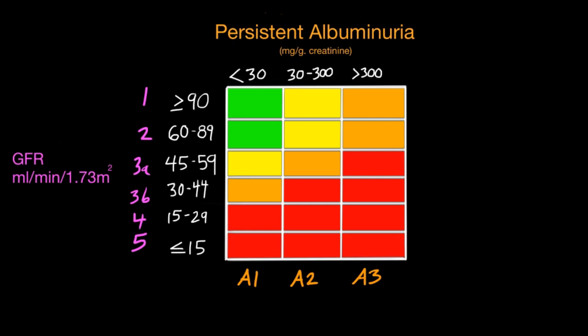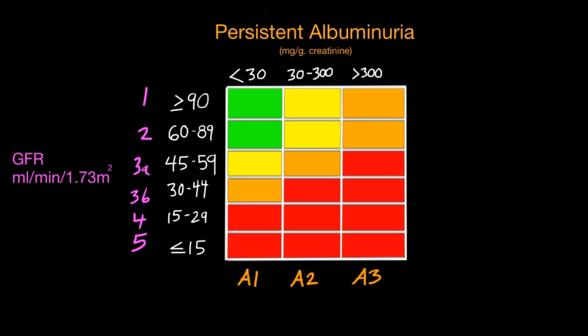Remember, GFR is actually a continuous variable, so it's a number somewhere between 0 and about 120 mL per minute. This has been helpful for physicians to communicate to each other, to communicate to patients, and also for performing research to have a classification scheme where we have these discrete stages.